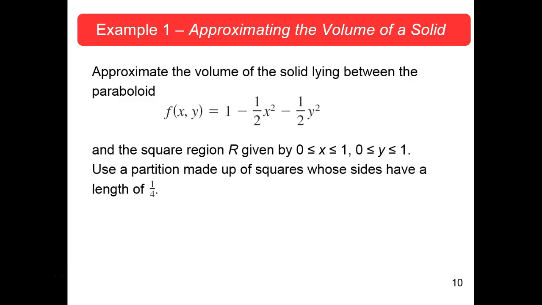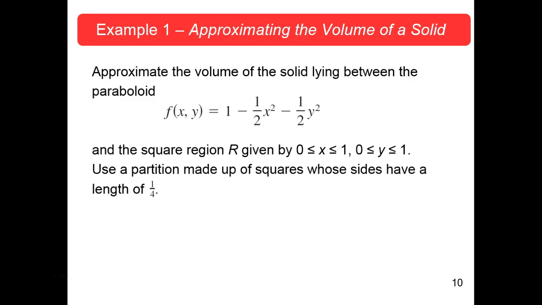Approximate the volume of the solid lying between the paraboloid f of x, y equals 1 minus 1/2 x squared minus 1/2 y squared and the square region. Oh, this is Example 1. I said they didn't give us any of this. Okay, let's go to here.